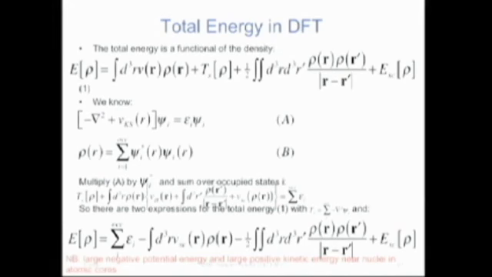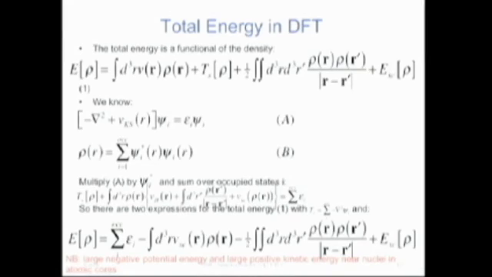Near the nuclei, we have very large negative potential energy and very large positive kinetic energy, and we have to calculate how those cancel out very precisely. And really, maybe 15 years was spent in the field figuring out how to do this accurately, and then how to get accurate forces and so forth. It took time to do this where people really knew that they were dealing with the right result.